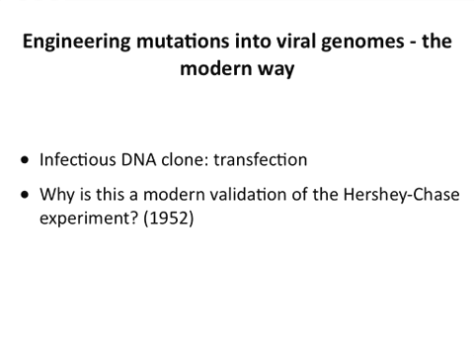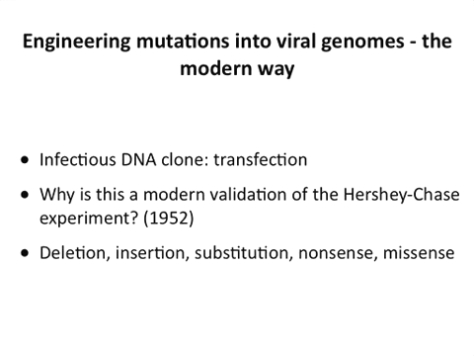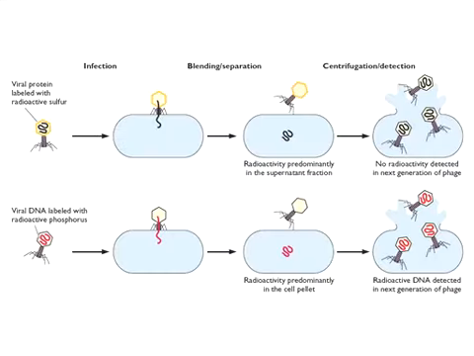And this is a modern validation of the Hershey-Chase experiment of 1952. Okay, the Hershey-Chase experiment, well, I'll show you in a moment, proved that the DNA of a phage was the genetic material. And this does the same thing because you're actually purifying the DNA and putting it back into cells and getting viruses out. So you can make all kinds of mutations by modifying DNA.